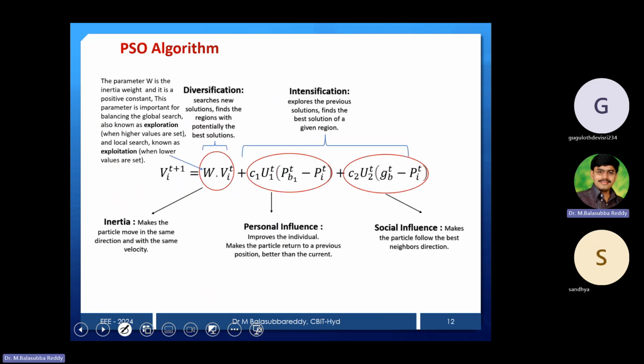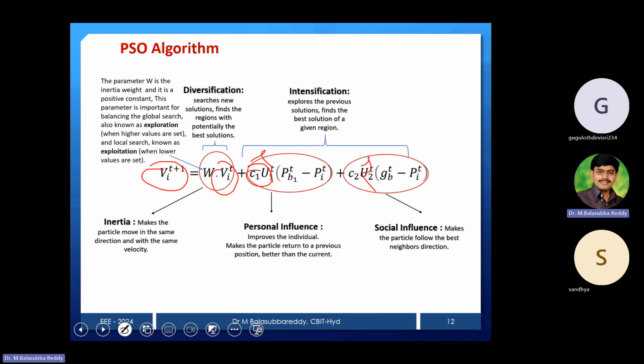Now the formula is mentioned, velocity updation. New velocity is equal to W into old velocity plus C1 into R, which we can randomly select, let it be R, don't confuse. Then we come to this point: there is a P best, and another one is a G best.